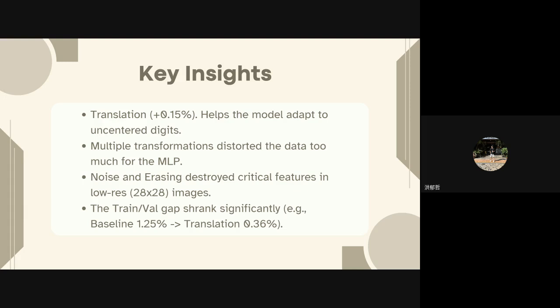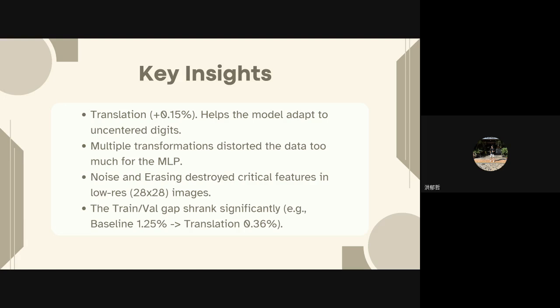The train and validation gap shrank significantly, dropping from 1.25% in the baseline down to just 0.36% with translation. This proves that augmentation effectively prevents the model from simply memorizing the training data.